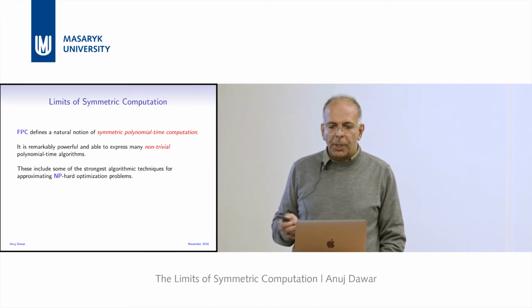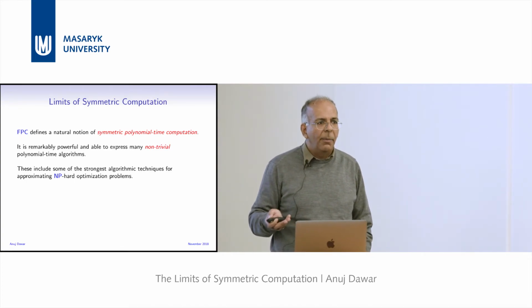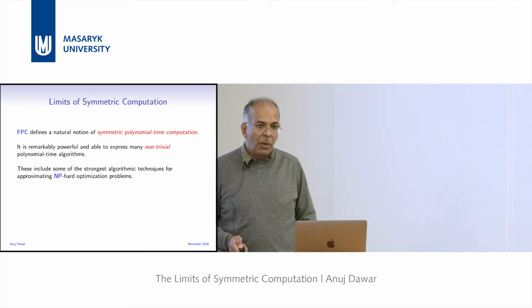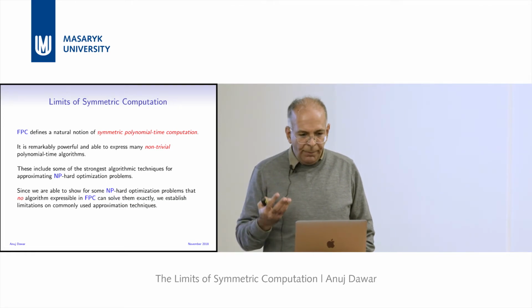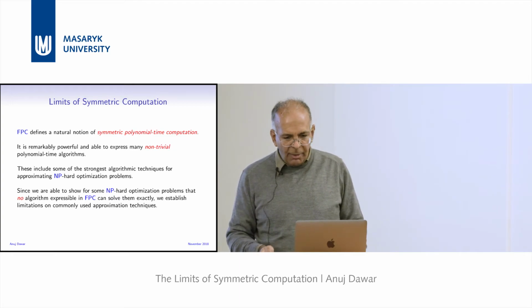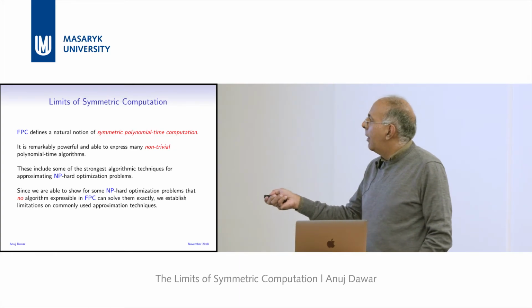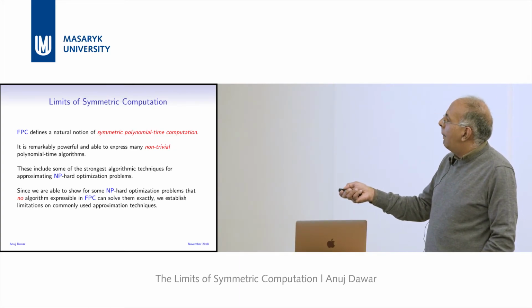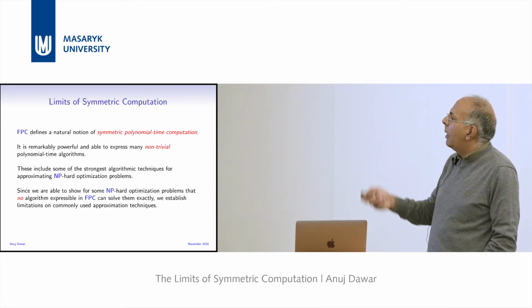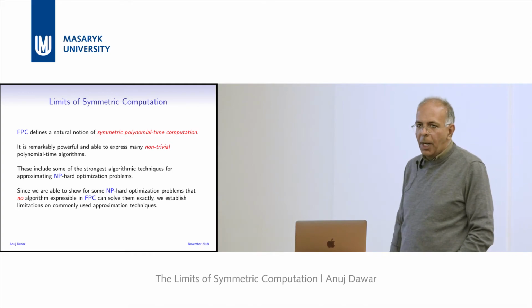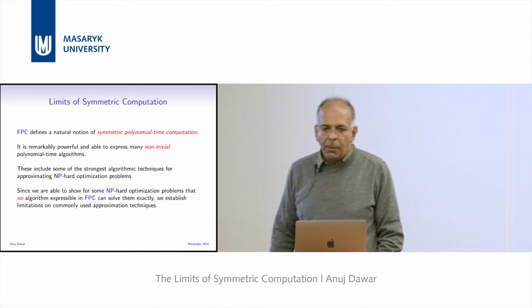So some of the strongest algorithmic techniques for approximating NP-hard optimization problems turn out to be in FPC. And since we are able to show for some of them that no algorithm expressible in FPC can solve them exactly, right? This establishes limitations on the most commonly used approximation technique. That's what I meant by limits of symmetric computation.